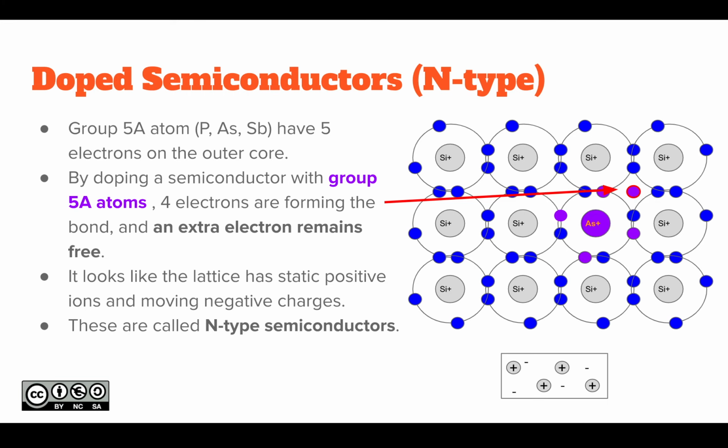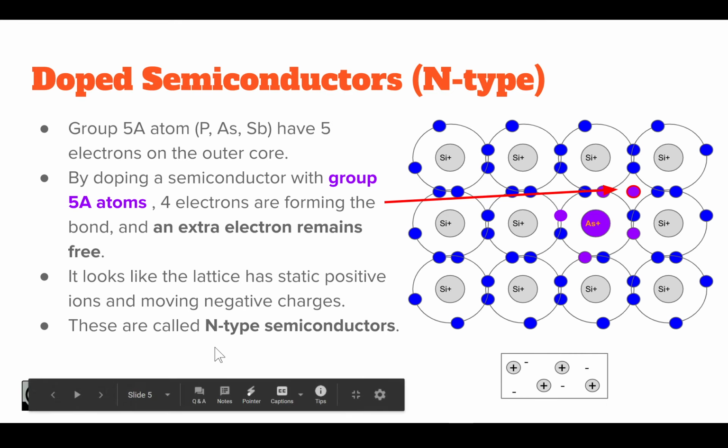So practically this extra electron is not used in the chemical bonds, which are very strong, but it can be easily moved by an external electric field, which means that we have an extra amount of negative charge carriers, electrons.